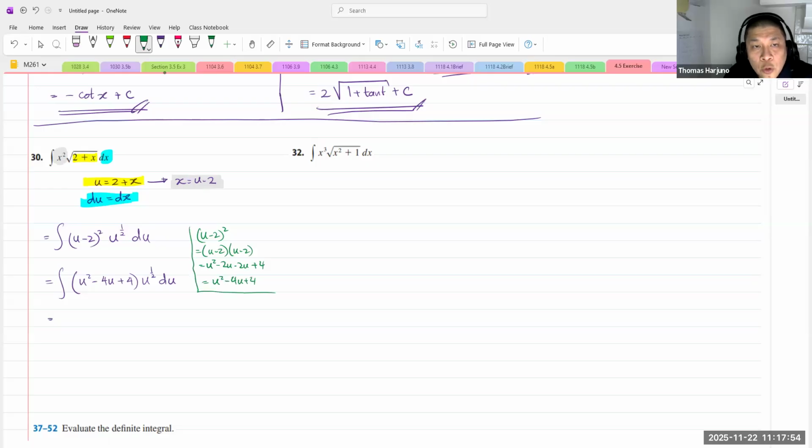Or if you happen to memorize the pattern, a minus b squared is a squared minus 2ab plus b squared, which will give you the same thing we have here.